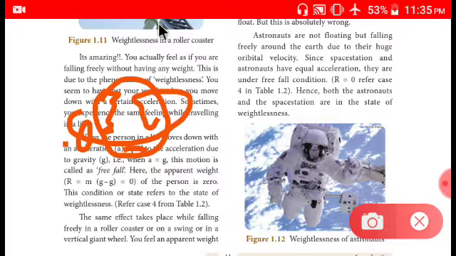So what they are saying in this paragraph is that astronauts are not floating but falling freely around the earth due to their huge orbital velocity. Since space station and astronauts have equal acceleration, they are under free fall condition. I mean, if the satellite is here and the astronaut is here, and here will be the camera, right?